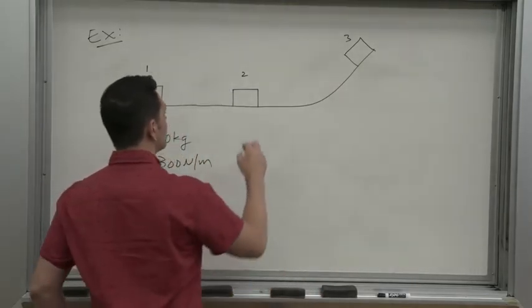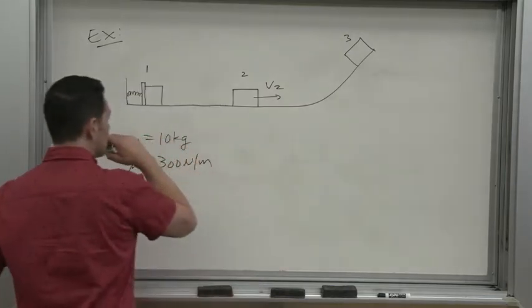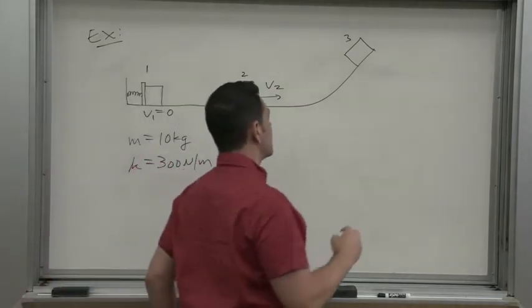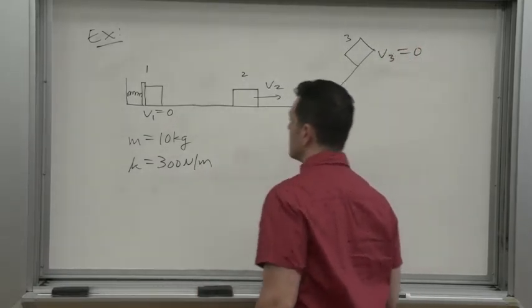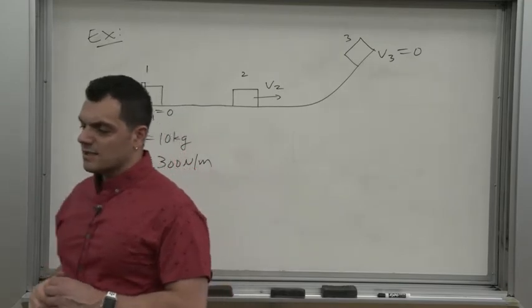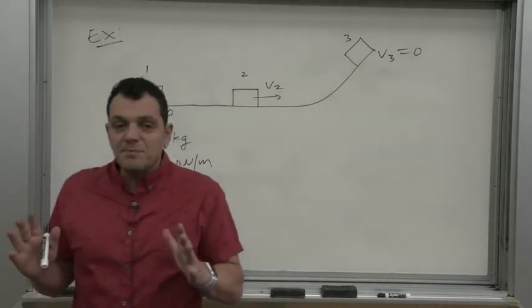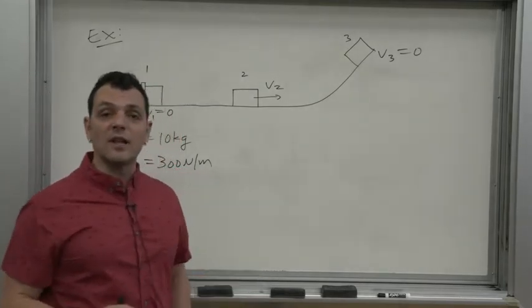At position 2, this mass is moving across with a velocity v2. The velocity here, v1, is 0. And the velocity here is 0. So this compressed spring is going to expand until it reaches equilibrium length. It's going to push this block, giving it a velocity.